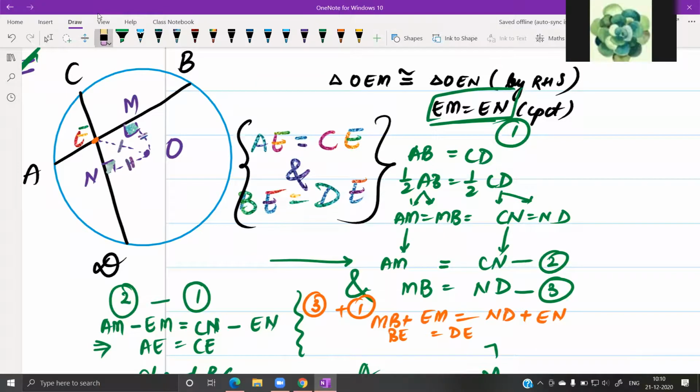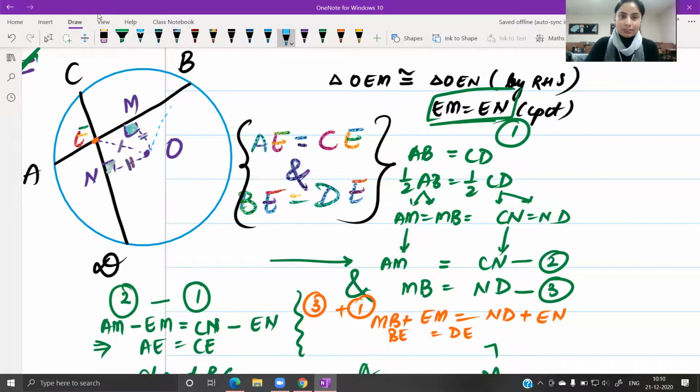We can also prove this using Pythagoras theorem, in the smaller triangle, and we can also create MOB and NOD. Yes, you can do that.